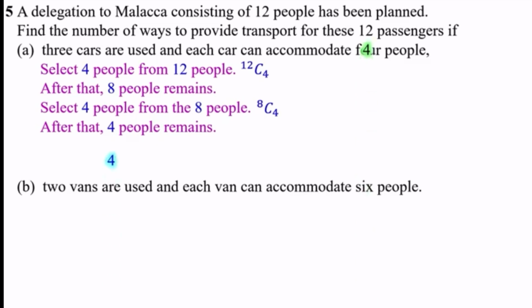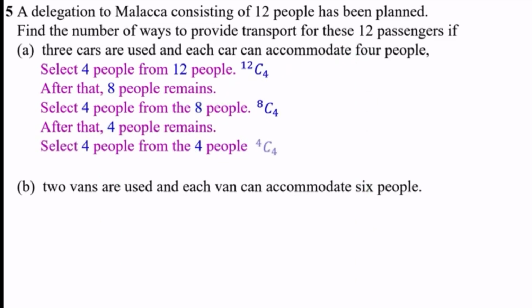So the number of ways to select 4 people for the third car will be 4C4, right?